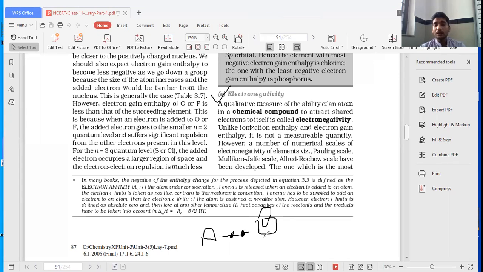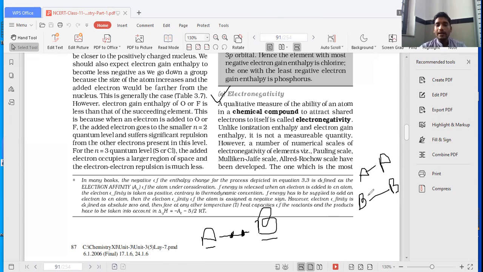But what will happen if atom B is more electronegative? Because no two elements in the periodic table have the same electronegativity values, right?